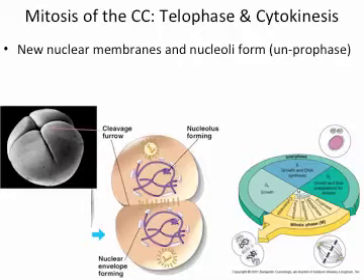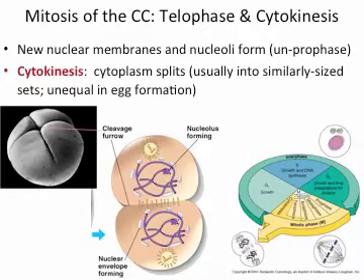Each daughter cell will have a centriole, that yellow thing. The spindle fibers are starting to disintegrate. And then, if it's a human cell, each daughter will have 46 chromosomes. And then cytokinesis ensues at the end of mitosis. That's when the cytoplasm splits, usually into equal size sets.